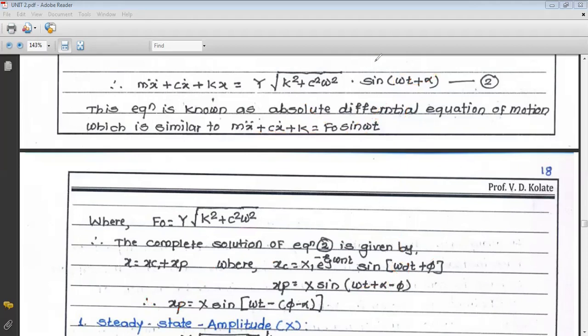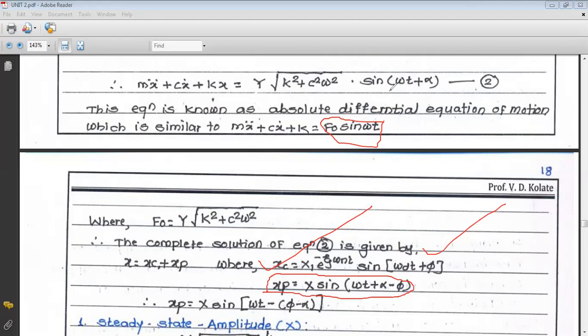So your xc part, that is complementary function, it is the same part because no forcing function is considered. So it is the same equation in complementary function, that is x1 e raised to minus zeta omega n t sine of omega d t plus phi. But in case of particular integral, for f0 sine of omega t, it is x sine of omega t minus phi. But in this forcing function, there is not the term sine of omega t.